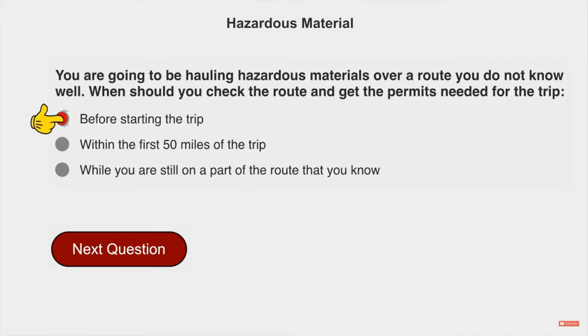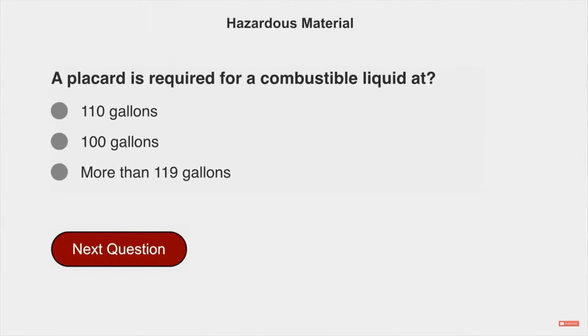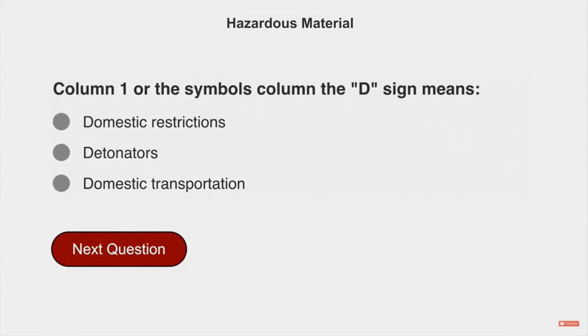Before starting the trip. A placard is required for a combustible liquid at more than 119 gallons. Column 1 or the symbols column, the D signs mean domestic transportation.